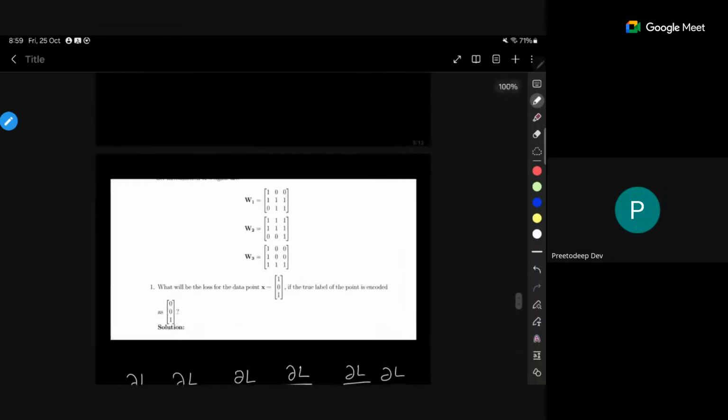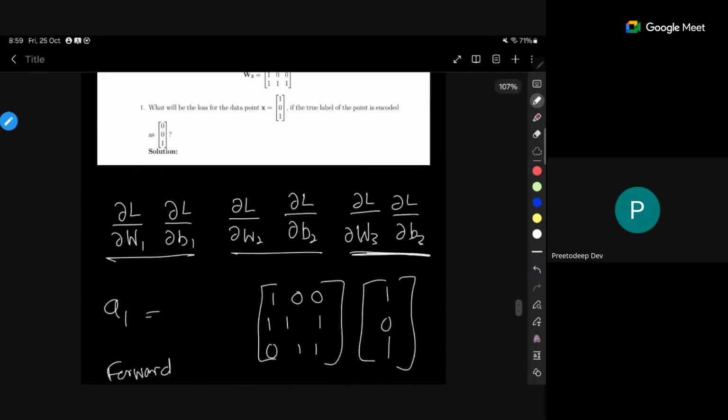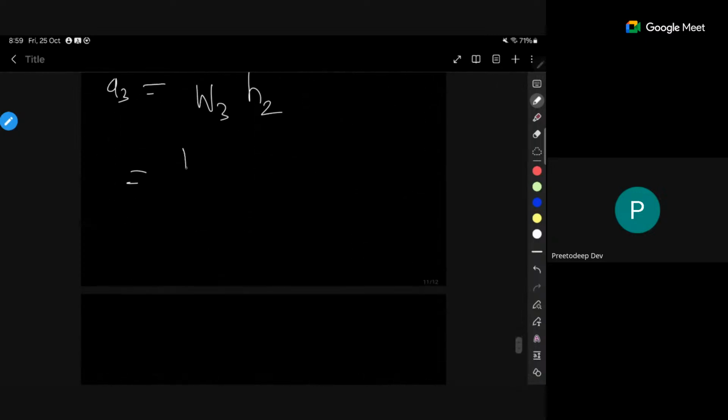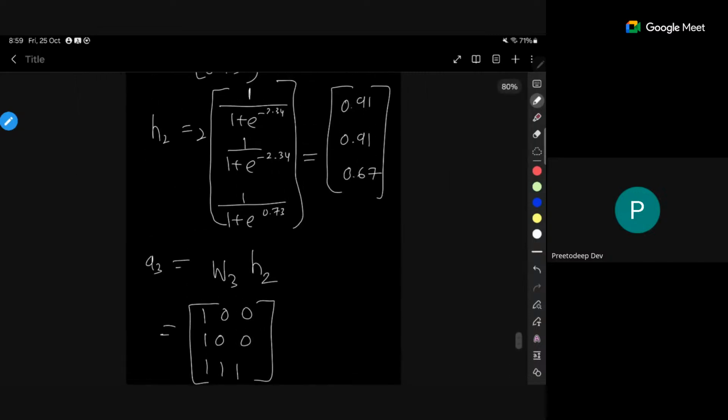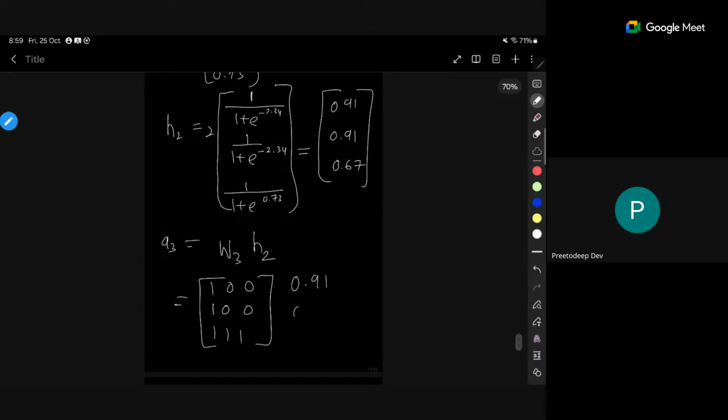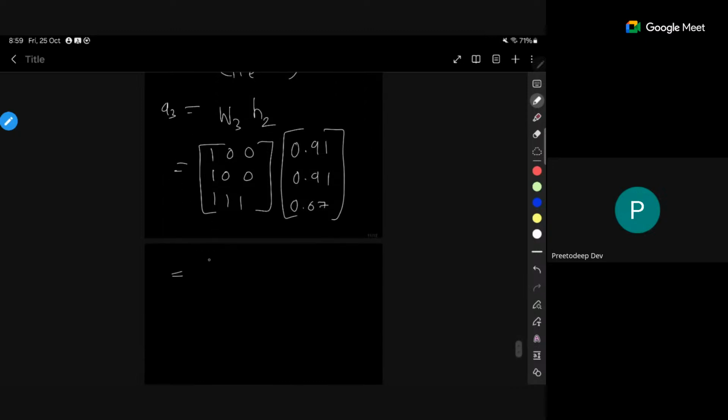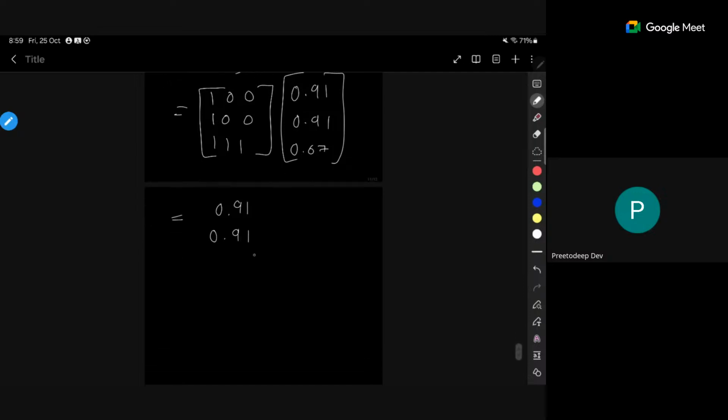Right, let's write W3, which is 1 0 0, 1 0 0, 1 1 1. I'll multiply it with this. So I'll get 0.91, 0.91, and the summation of all three: 9, 18 plus 6, 24.